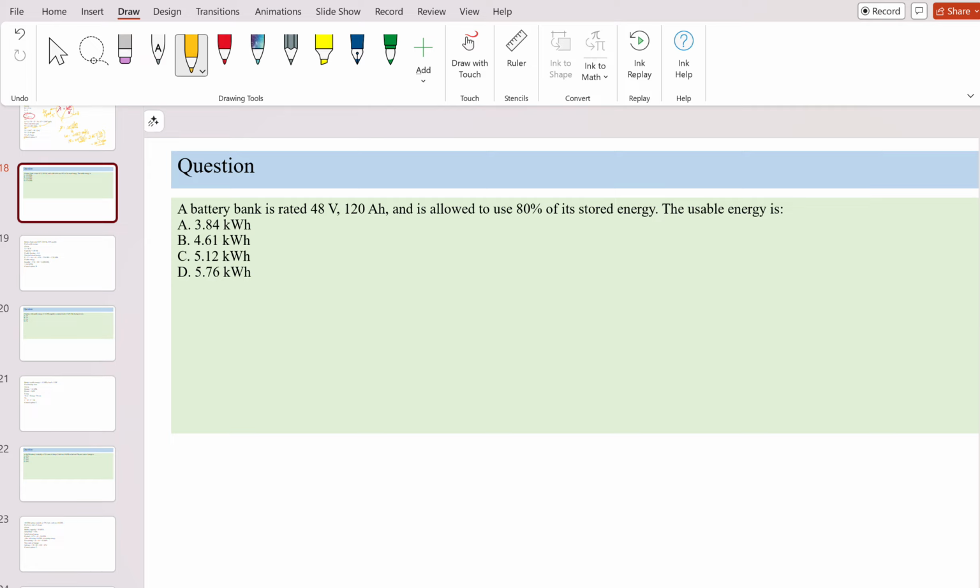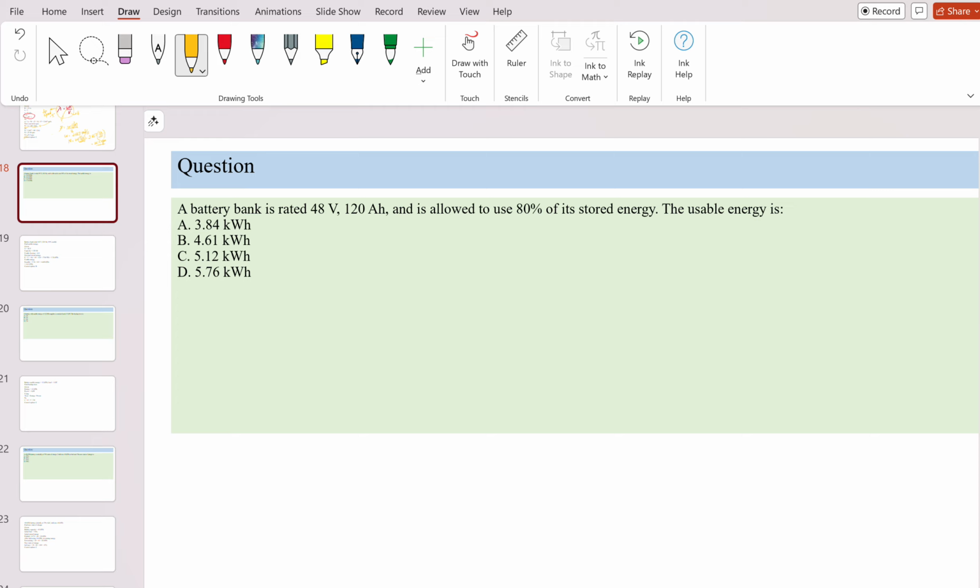Okay, I got one answer, option B. Let's wait for others also to solve. Okay, I got one answer correct, the answer is option B.